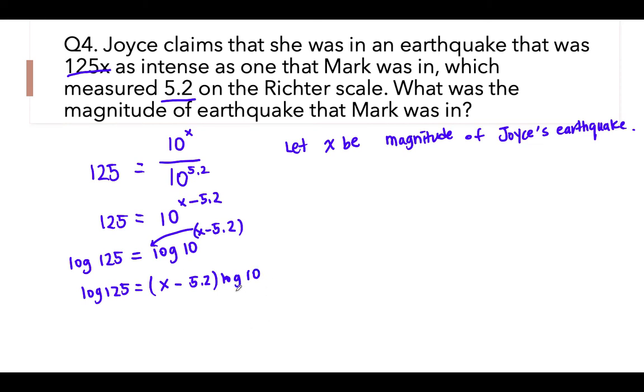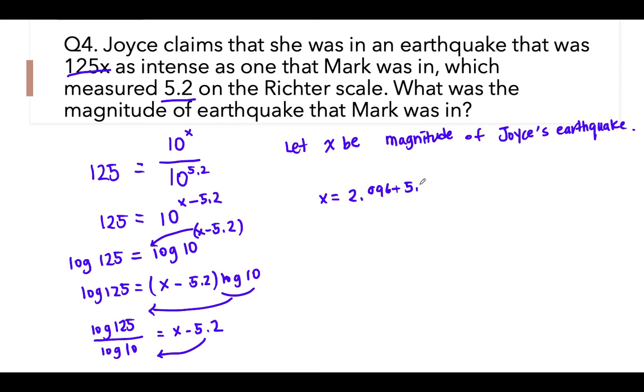Then I'm going to divide by log 10 on the other side. So log 125 over log 10 equals x minus 5.2. Simplify this, and then add 5.2 to the other side. So you will get x is equal to 2.096 plus 5.2. x is equal to 7.3.